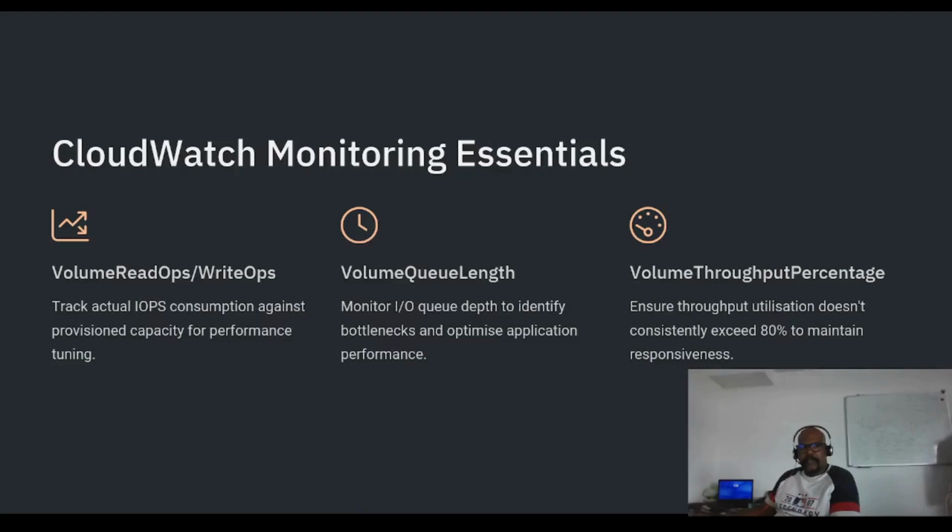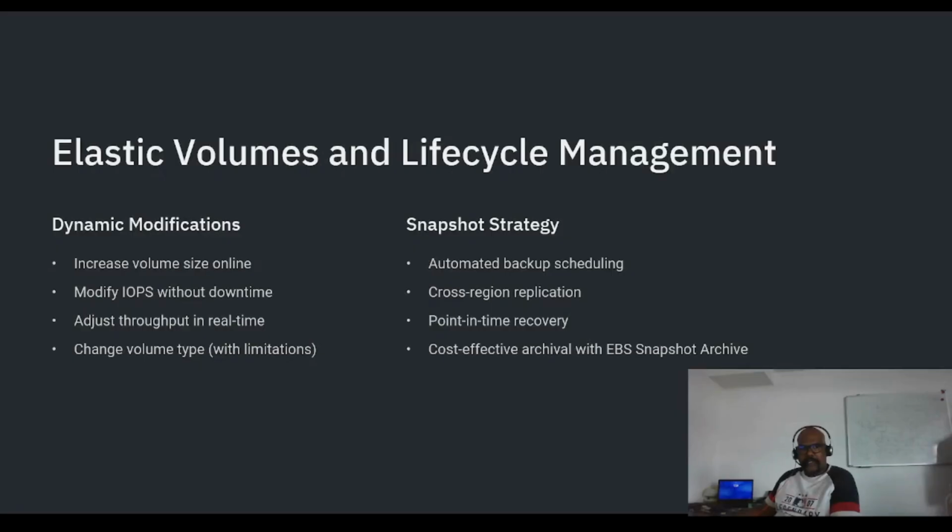We need to use CloudWatch to monitor how much read and write operation is happening, and the volume length and volume throughput percentage. Based on that, we can elastically, dynamically modify and increase the size of the volumes online, and IOPS values also we can increase.